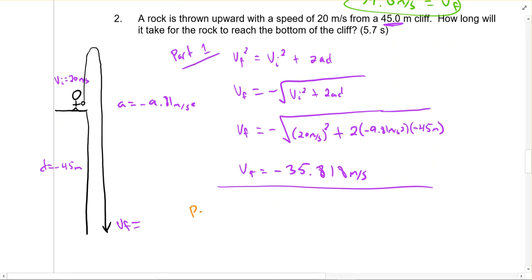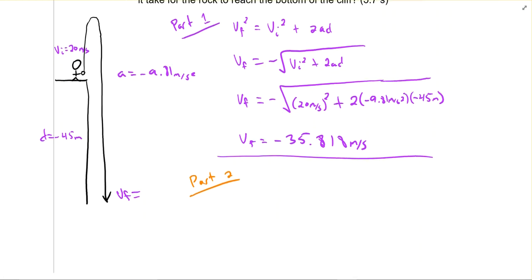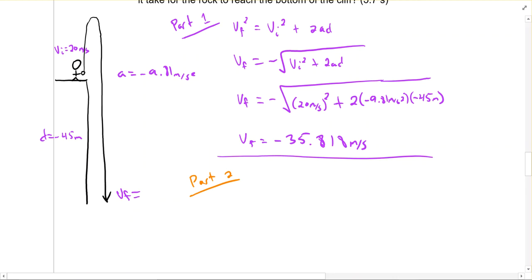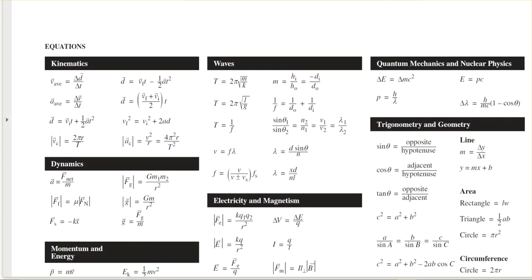So now part 2, I'm going to use a different formula. We have a bit of options here, because now we know VF. If I go to my formula sheet, what I don't want is the ones with a t and a t squared in them.